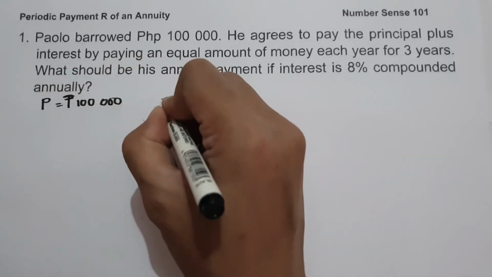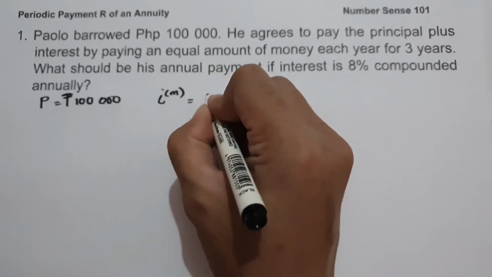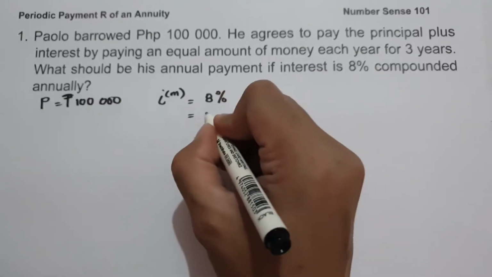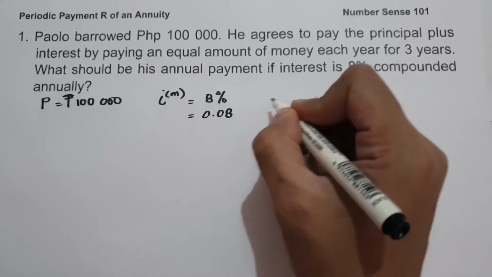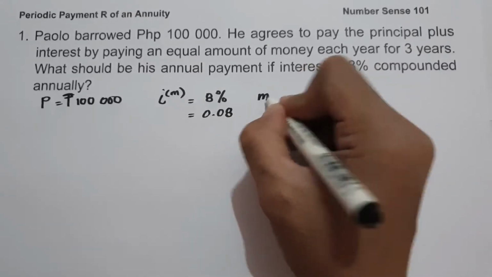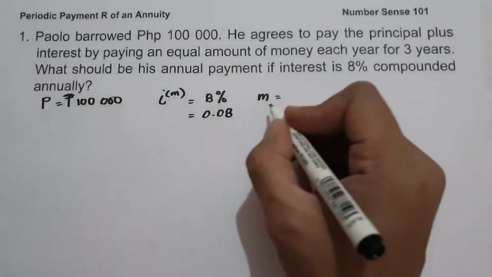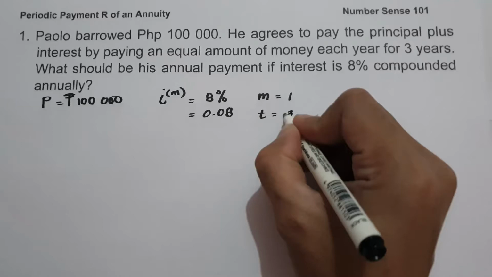And then we have the annual rate, that is 8%, or if we are going to write this one in decimal, that is 0.08. Next, we have the number of conversion periods per year. Since we have annually, the value of m is 1 and time is 3 years.